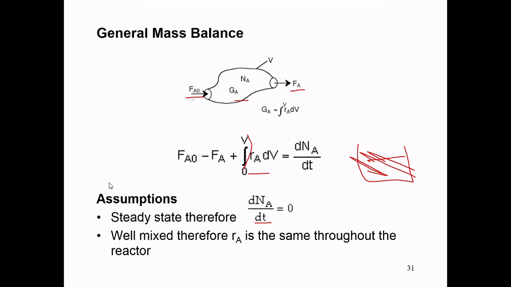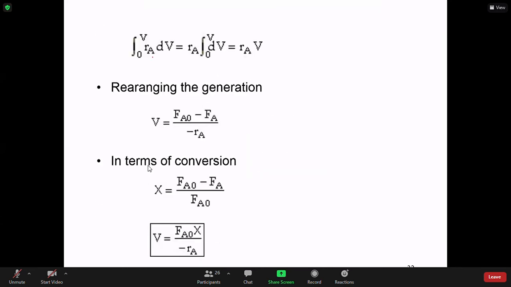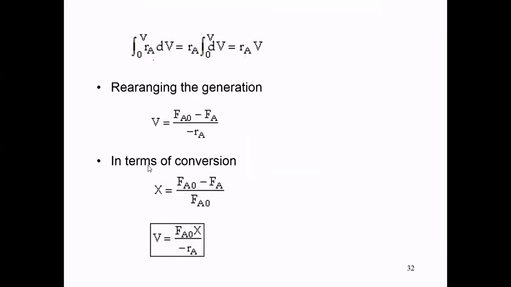So finally we arrange this and we get this. The rate of the reaction is equal to this one. And then we rearrange it again in terms of volume.